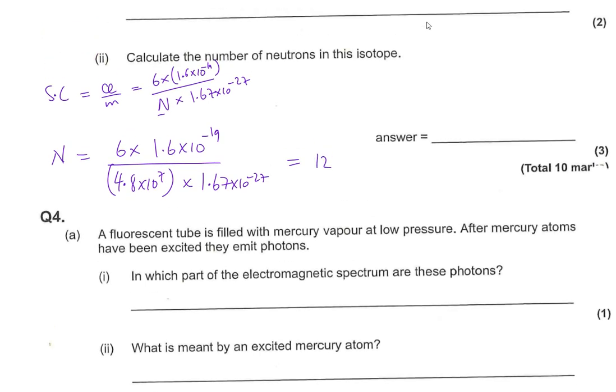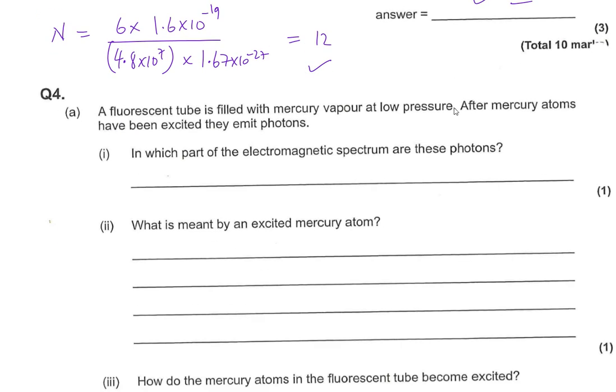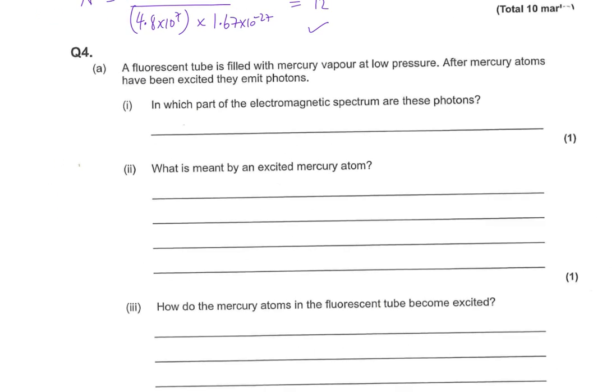So therefore N, which is proton plus neutron, is equal to 12, and the proton I know is 6, so 12 take away 6 is equal to the neutron number, so 6 is the answer. Again, it's 3 marks, so what we need to see is the first step, the second step to show that you got 12, and the last step to get 6. Okay, and that was the last question.